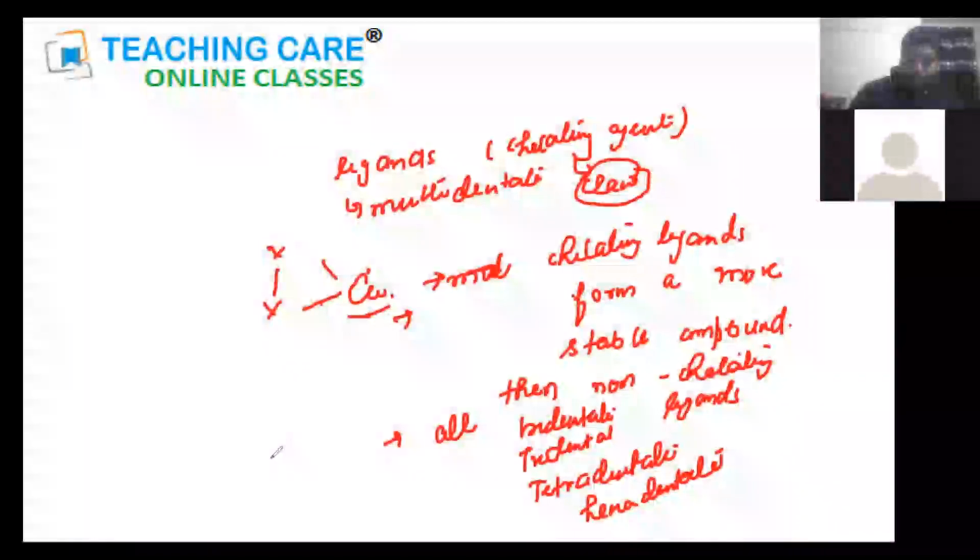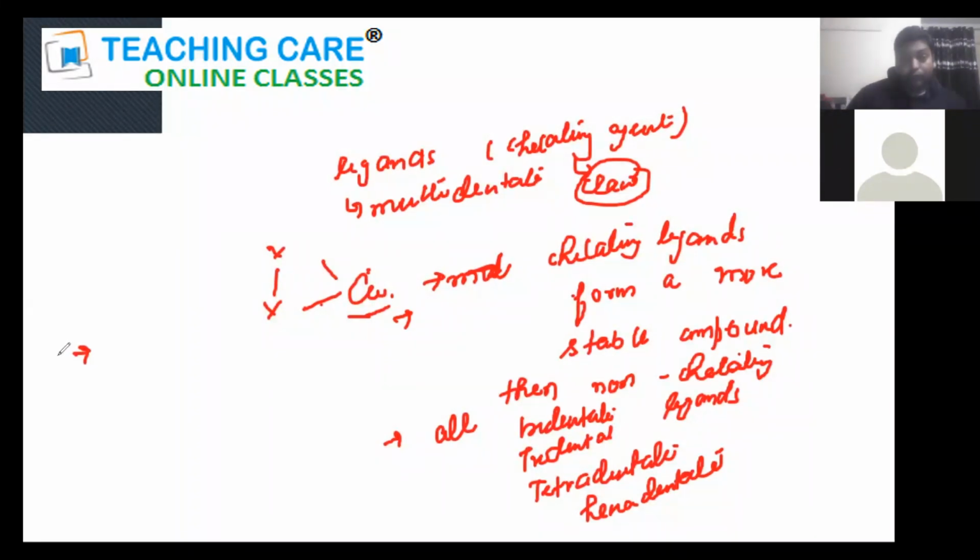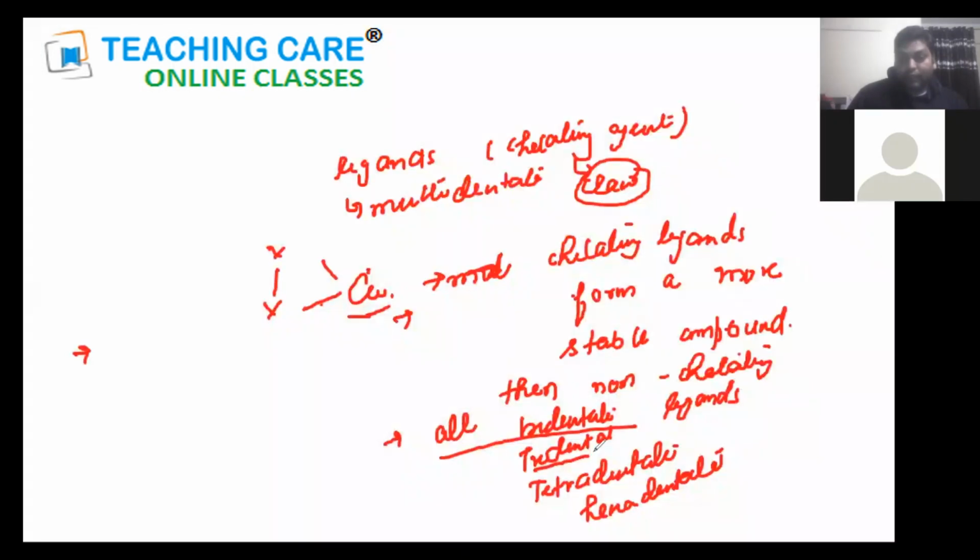Then a very important property, the third property of chelating agents. So what's the last point you wrote? All bidentate, tridentate.